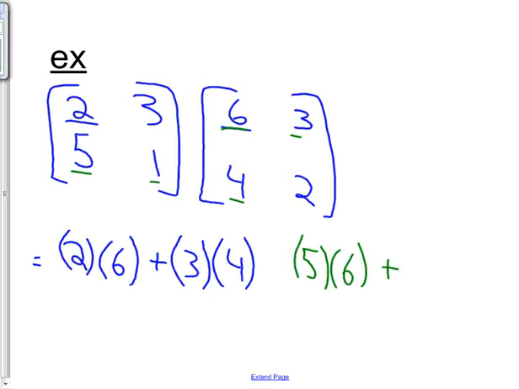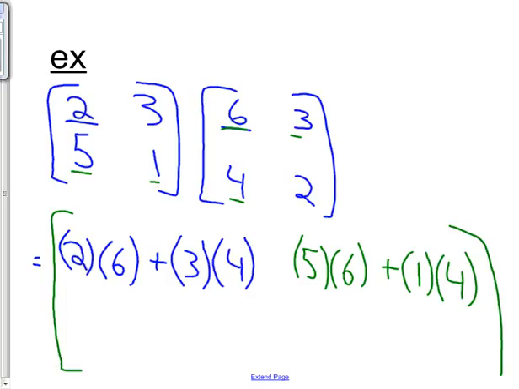This is a different entry. Then the 1 and the 4. Those are going to be our 2 entries in our first row.